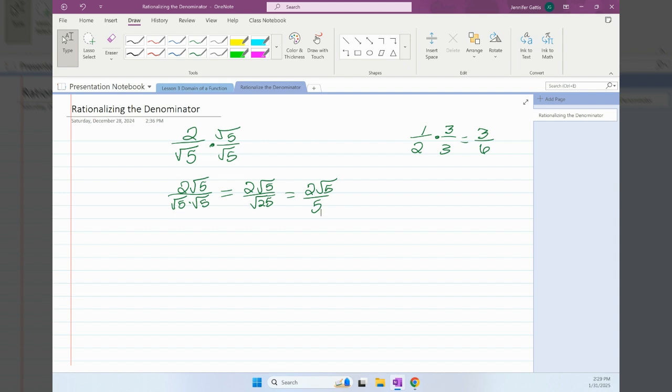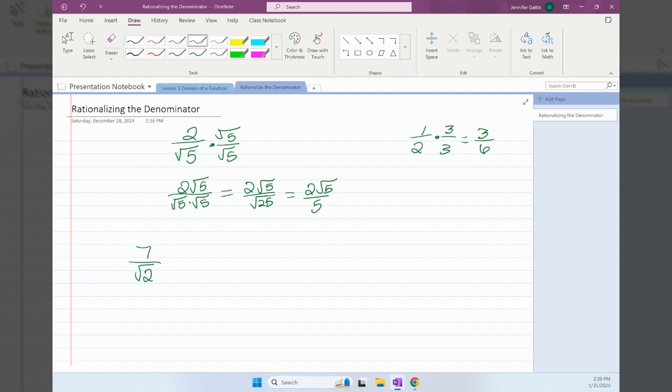Let's look at another one. Let's say that we have 7 over the square root of 2. We'll pause for a minute and think about what we would multiply by to rationalize that denominator. Well, if you notice, we have square root of 2 in the denominator, and that's what we need to rationalize.